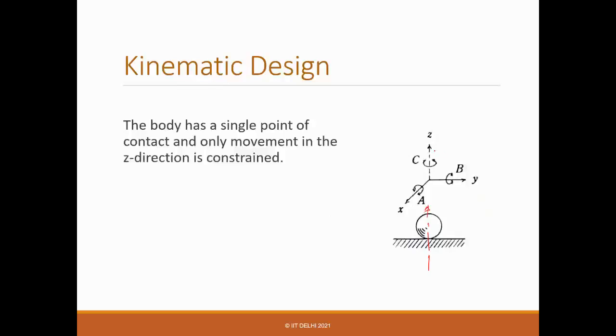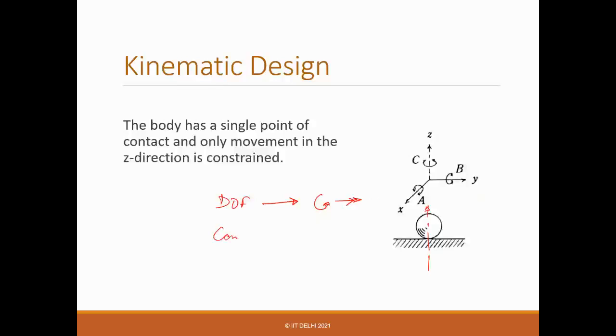So along the z direction, this is constrained. This is also one of the notations. For DOF, use solid lines. For rotations, you can use rotation arcs or double arrows. Along this axis, rotation can be shown by a circular arc or with double arrows.